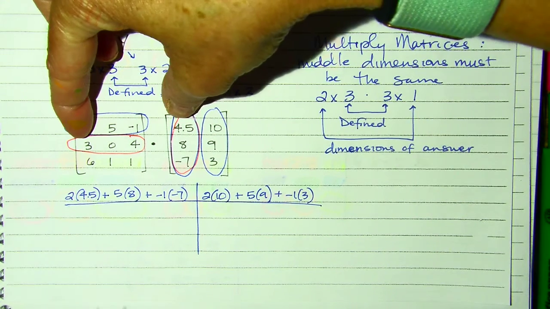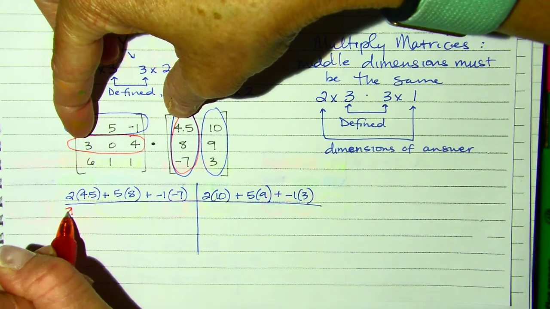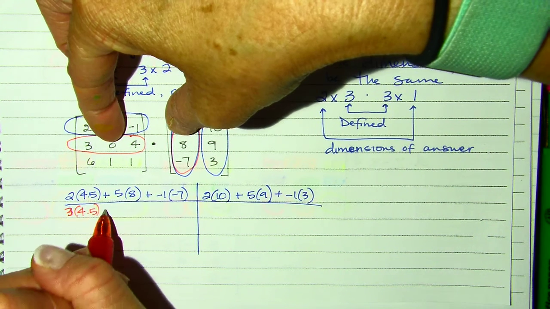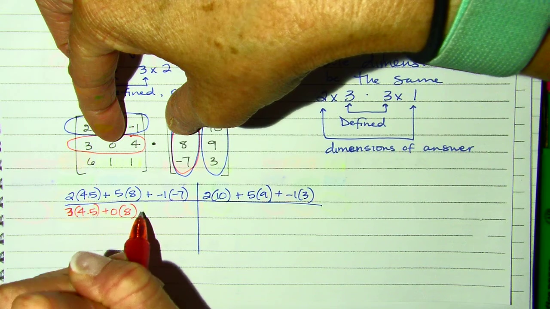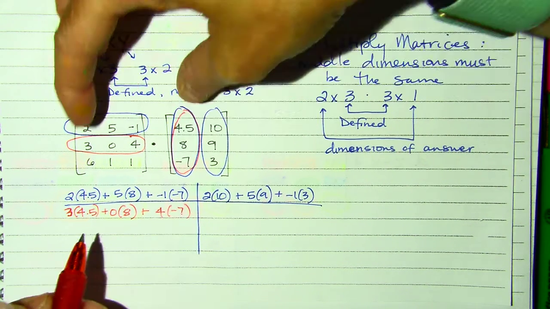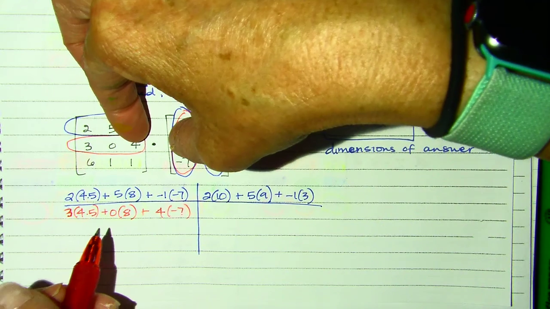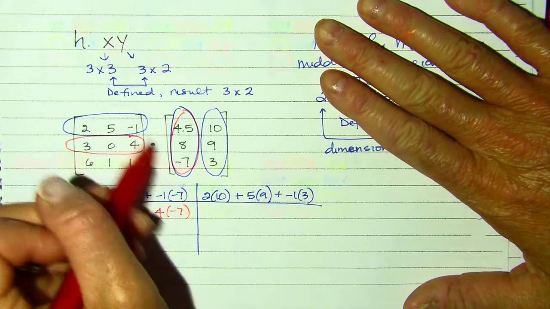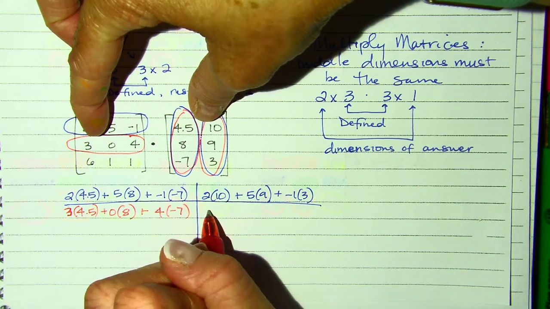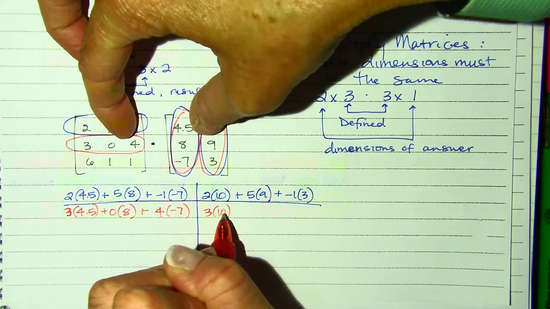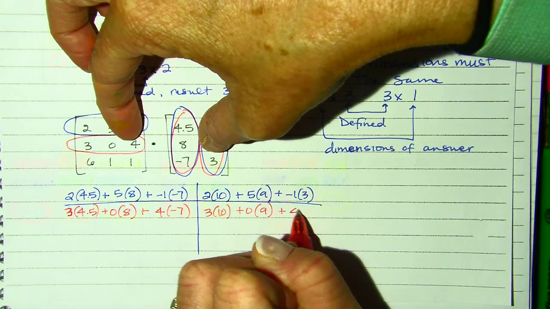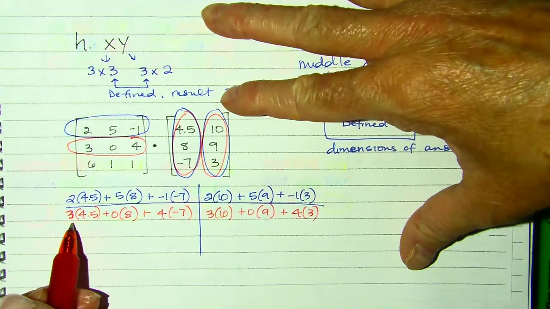Matching 3 times 4.5 is the first set of numbers, plus 0 times 8, plus 4 times negative 7. So you do the first, second, third. Now the second row times the second column. So 3 times 10 plus 0 times 9 plus 4 times 3. And I'm done with that row.